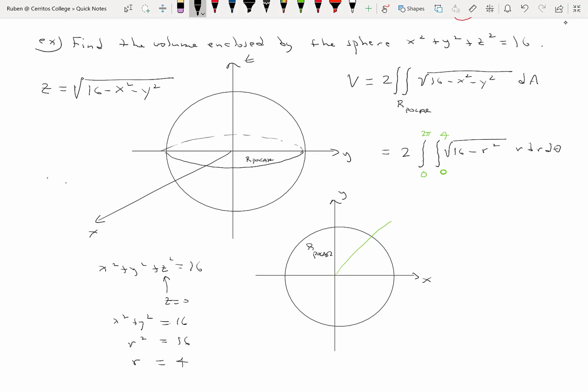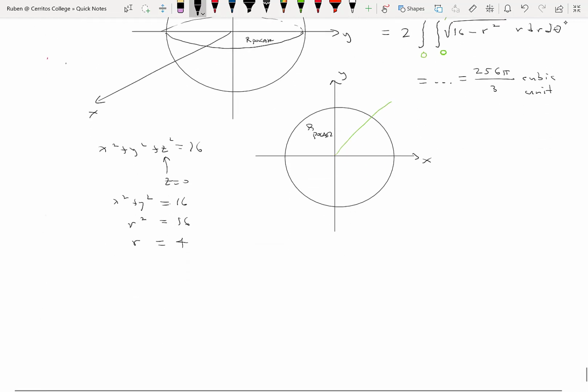If you go through the actual integration, and let's put the dot dot dot here to indicate that there's some integration work to do, you end up getting 256 pi over 3 cubic units. Now you can either go through the algebra and calculus to evaluate this integral if you're so inclined, or you can wait until your homework problem. So you'll be doing plenty anyway.